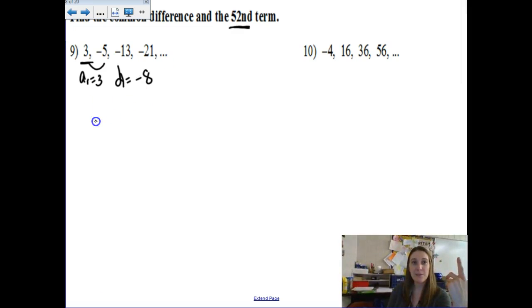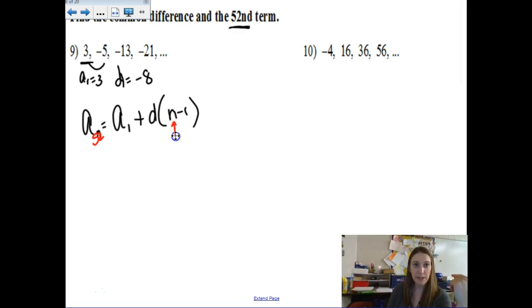What I'm going to do is show you that formula that we started off with, the one that I like the most, a sub 1 plus d times n minus 1. And if you want to find the 52nd term, basically you're just going to plug in 52 here and here, and you know the first term and you know the common difference.